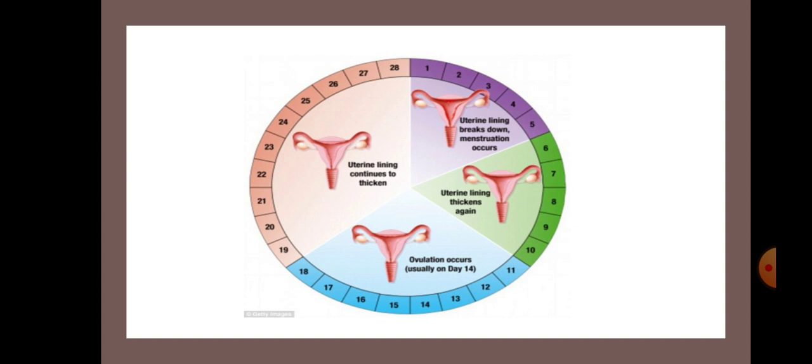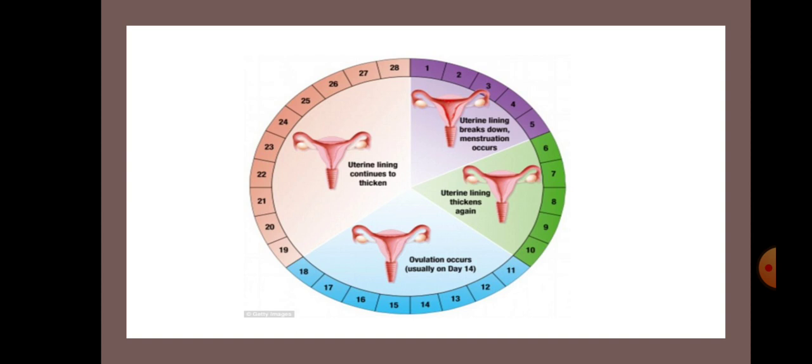The last stage is the luteal phase. The luteal phase begins on the 15th day of the menstrual cycle. The matured egg cell is released during ovulation, and the follicle ruptures and stays on the surface of the ovary.